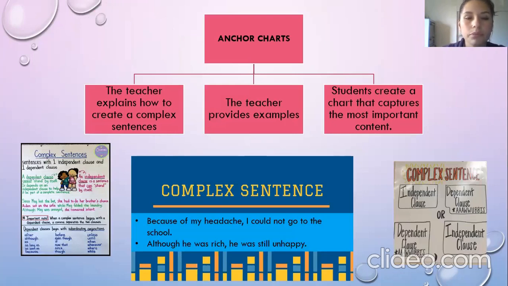Now, the next strategy that I chose to teach complex sentences to adolescents is using anchor charts.